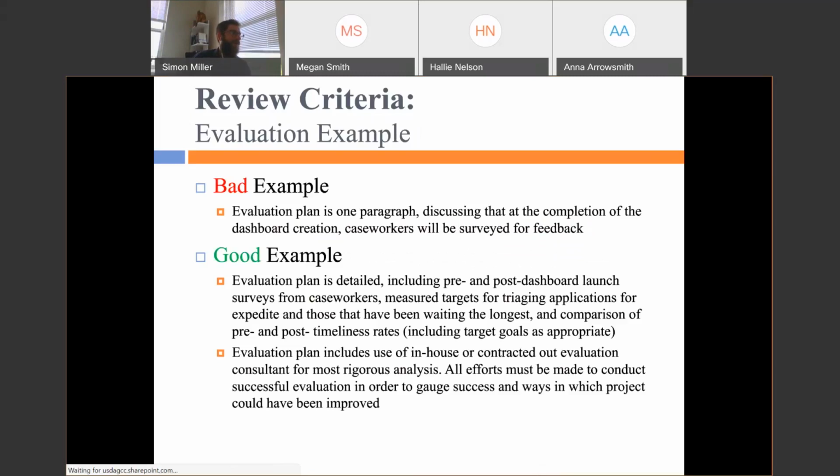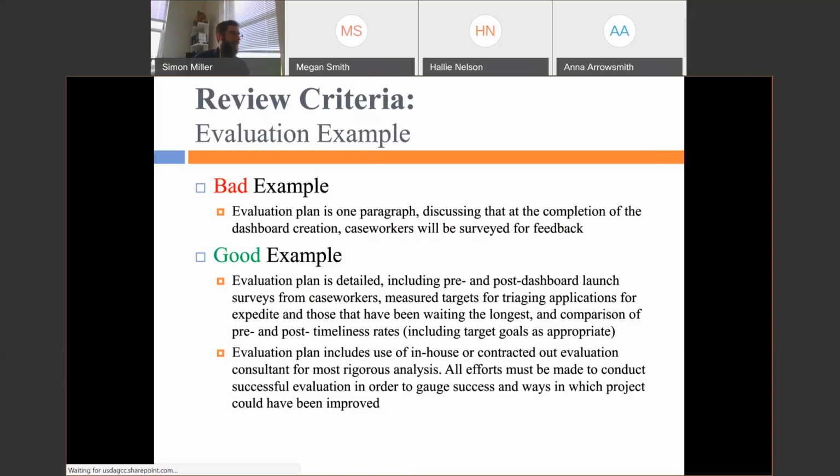So for the bad example, we have an evaluation plan that's one paragraph. It discusses that at the completion of the dashboard creation, that dashboard that we talked about earlier, caseworkers will be surveyed for feedback. In this first example, it's not rigorous. So let's look at this good example.